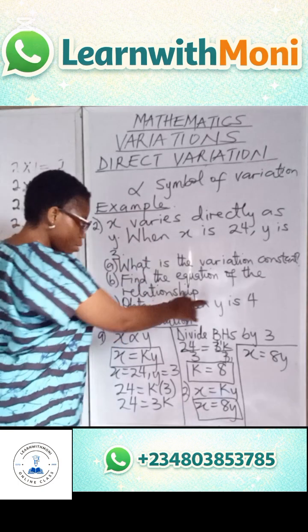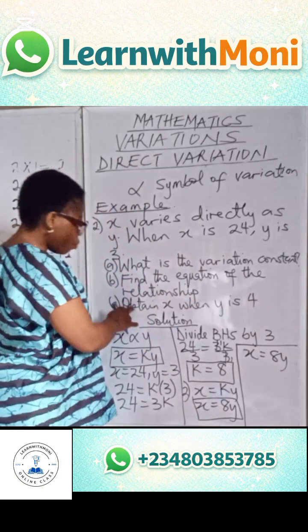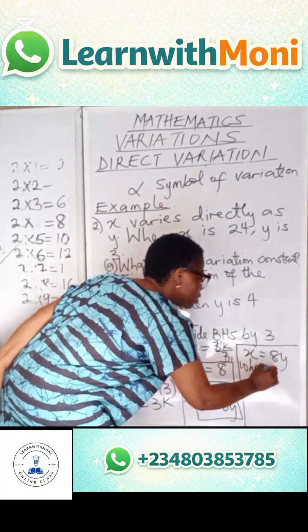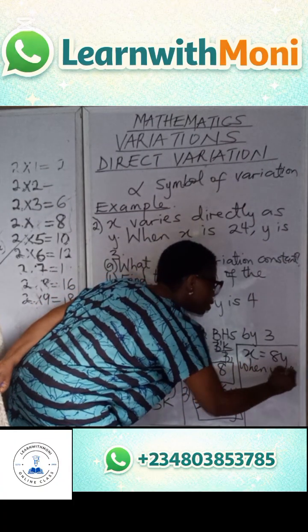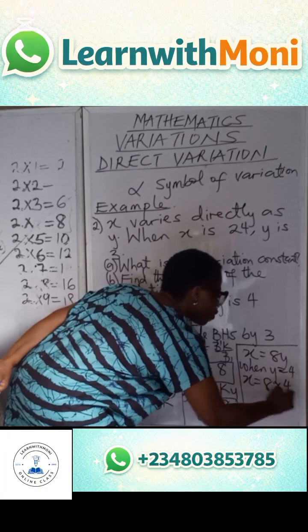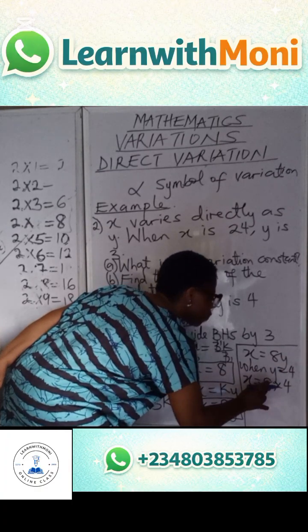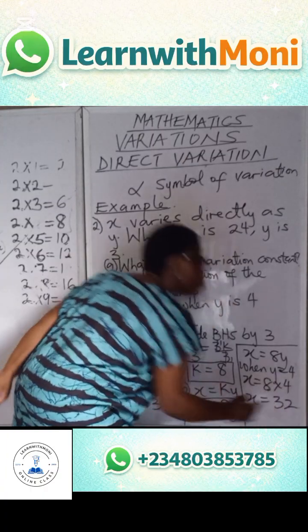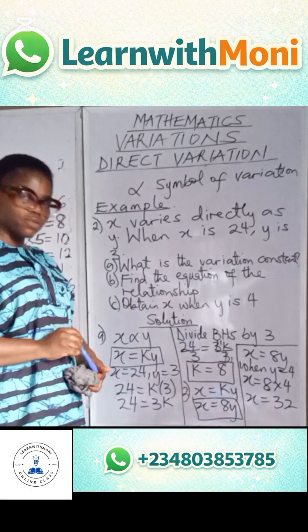So when y is 4, we need to get x. That means when y is 4, x is going to be equal to 8 times 4. 8 times 4 is 32. So x is 32 when y is 4.